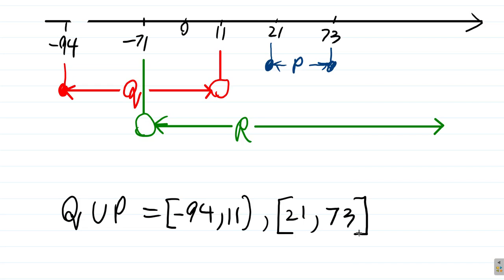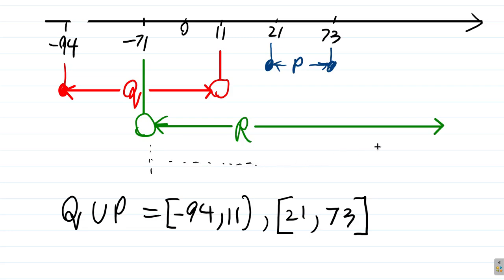Now, that intersect R is what? Well, now, when we look at this, we see that R includes from negative 71 going up. So R covers negative 71.